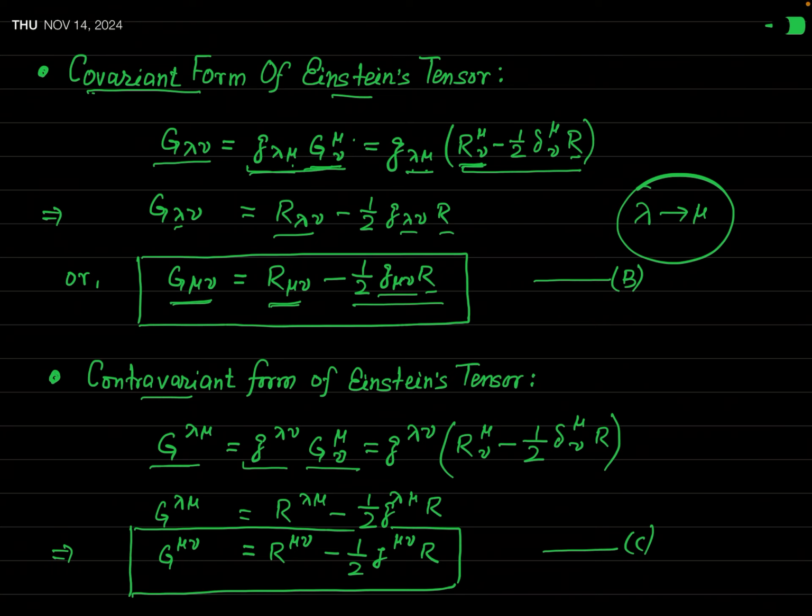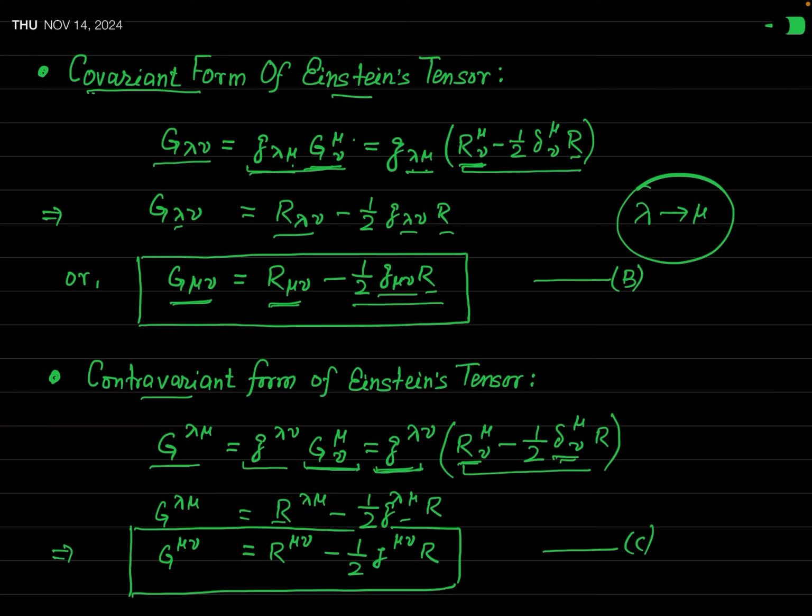But we have seen the expression for the mixed Einstein tensor, which is this much. Now take the inner product of the first term and the second term with the fundamental tensor g lambda nu. You can easily recognize here that the product of this g and this R mu nu will be simply equal to R superscript lambda mu, and the product of this g and this Kronecker delta will be equal to g lambda mu.